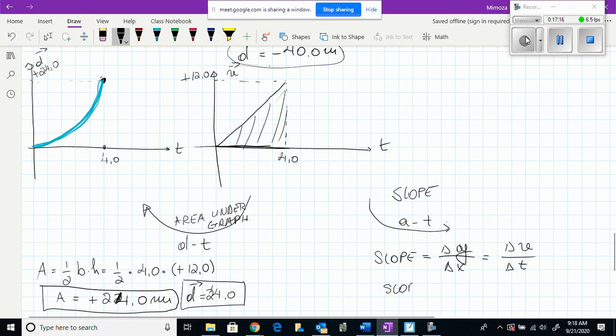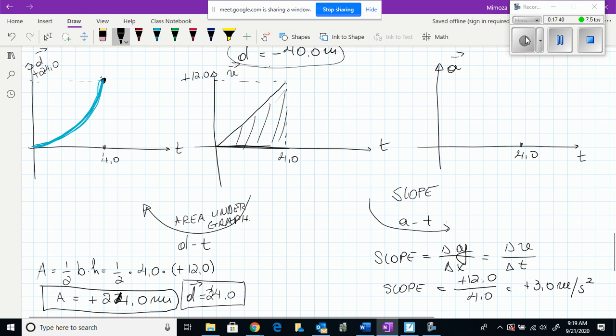So the slope will be positive 12 over 4, which is positive 3, and the units are meters per second squared. So now the acceleration time graph for 0 to 4 seconds will be, based on our scale, 3 is here, something like this.